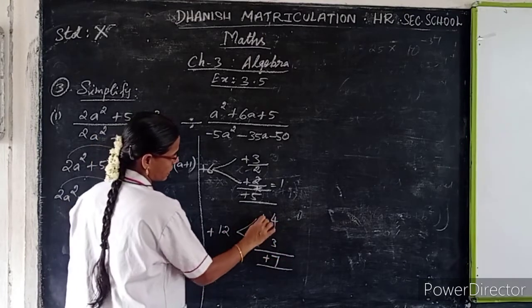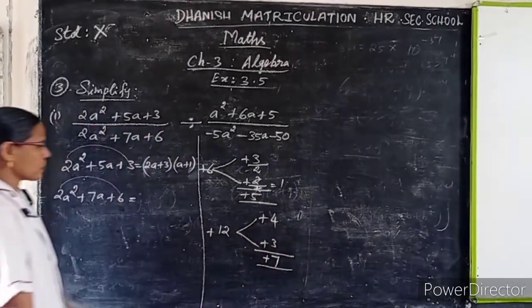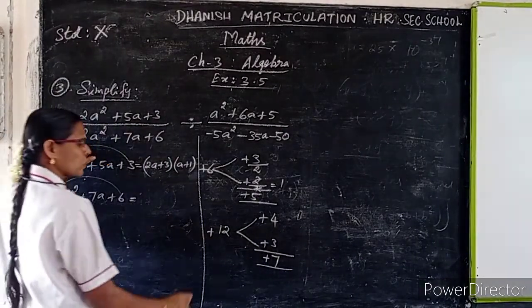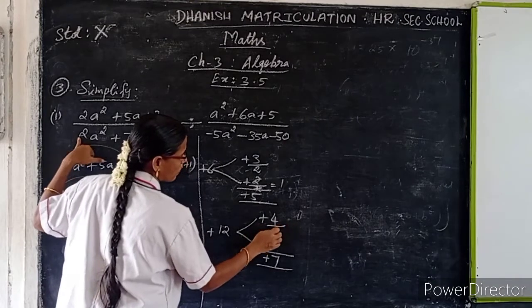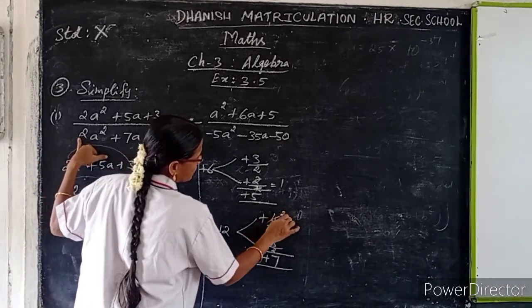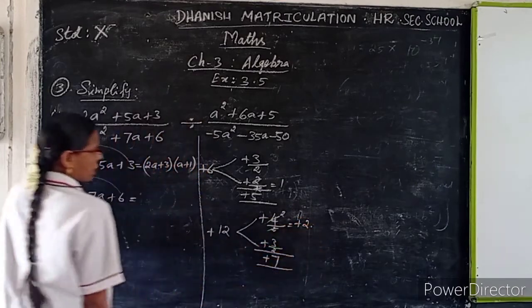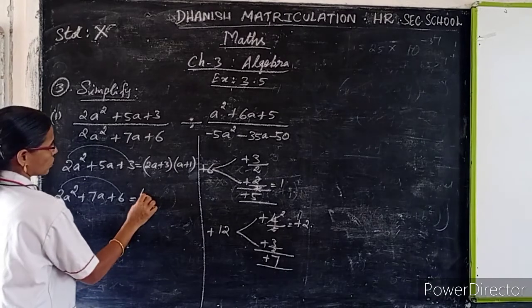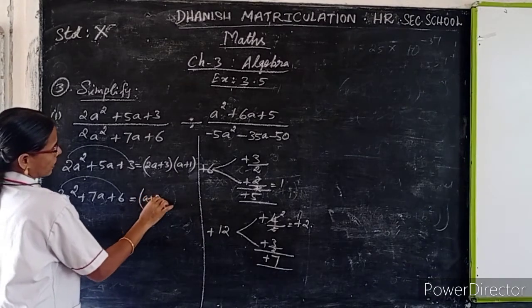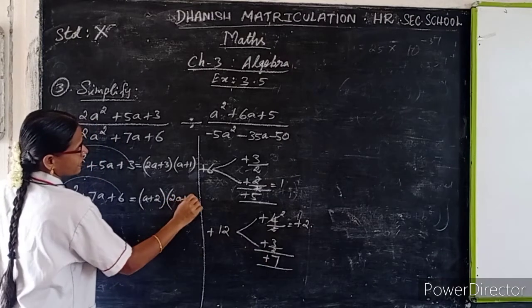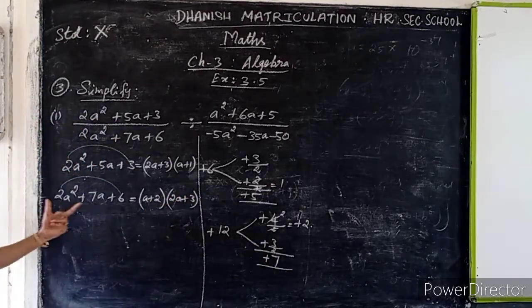Here plus plus means both the factors are plus only. Here the coefficient is other than 1, so 4 divided by 2 and 3 divided by 2. So plus 2. The denominator is 1, so this factor can be written as a plus 2, and with denominator 2, 2a plus 3. These are the factors for this one.